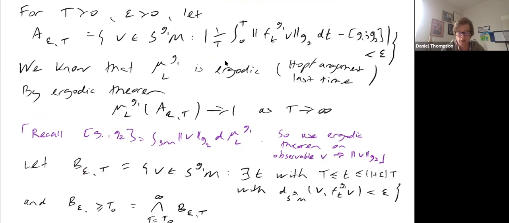I'm going to end up with lots of points which have two properties together. One is that their averages are capturing this number, and the other is that they almost recur back to themselves. Can anyone guess what will be good about these things almost recurring back to themselves? I'm searching for an obvious answer.